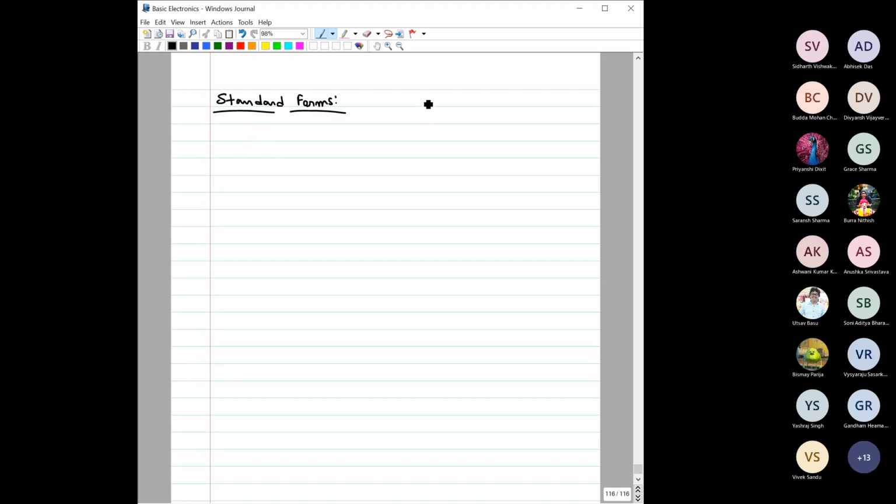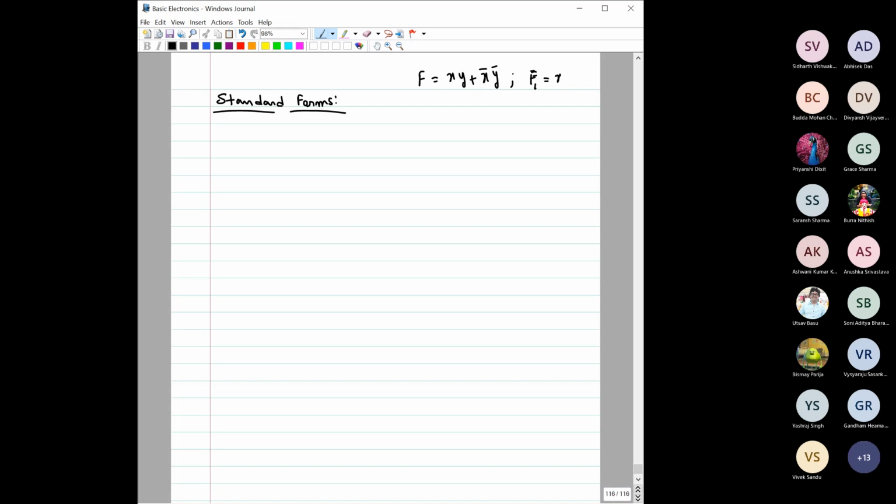So standard form means any function, right? Suppose any arbitrary function I can write in this fashion, or like this, or maybe some other function. Okay, so it is f1.